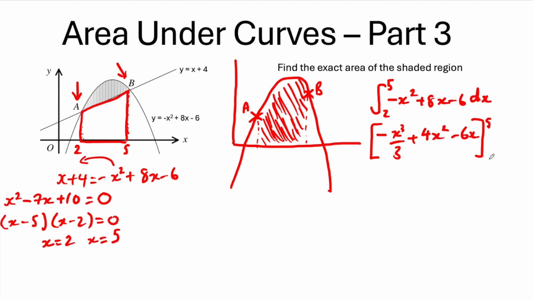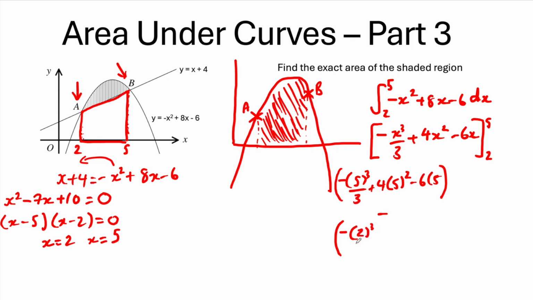We've got 5 and 2. So minus 5 cubed over 3, add 4 times 5 squared, minus 6 times 5, all in a bracket. And then we're going to subtract the same expression, but this time substituting 2 in.